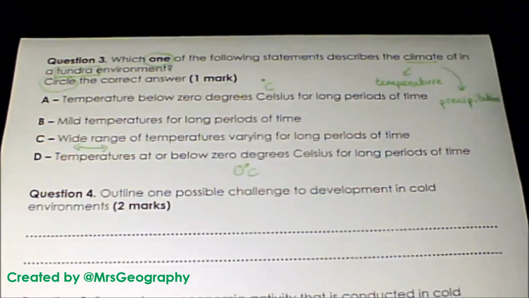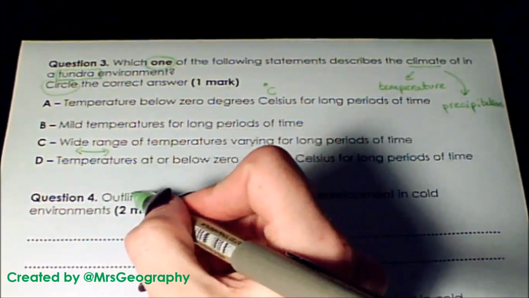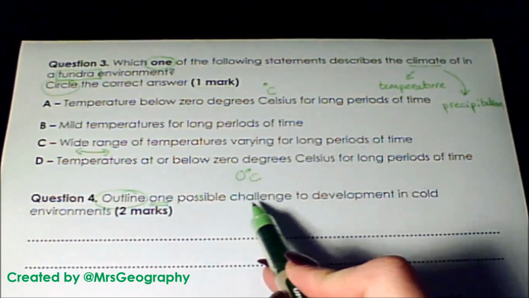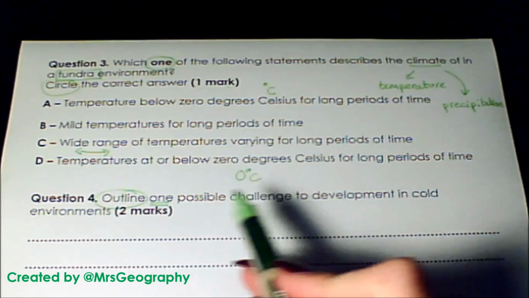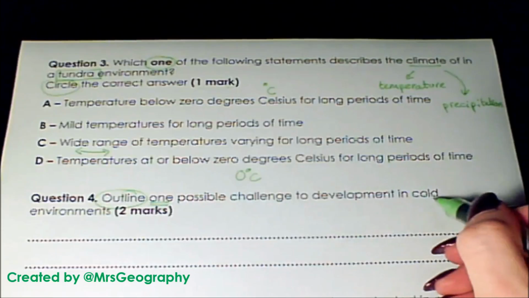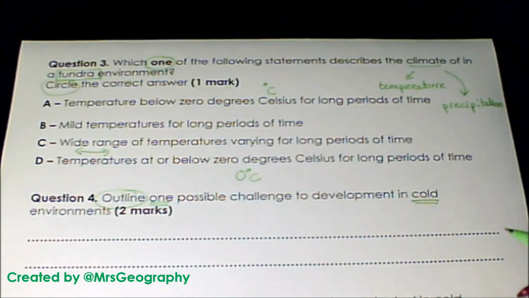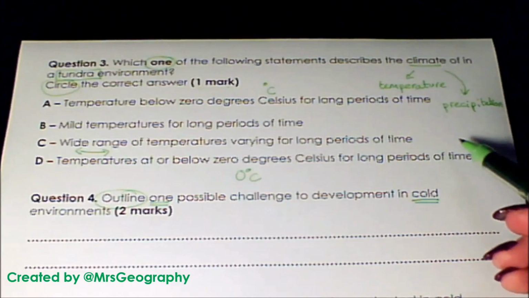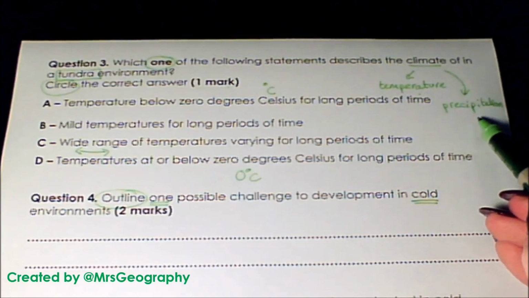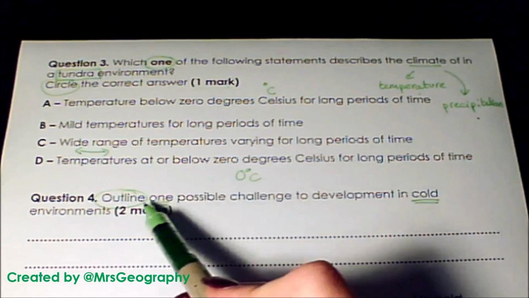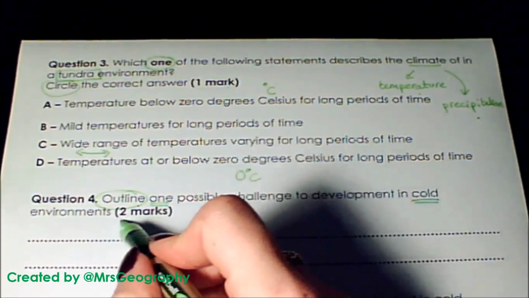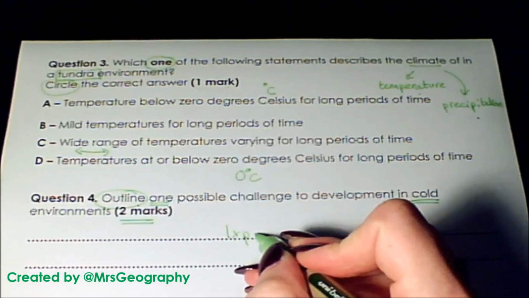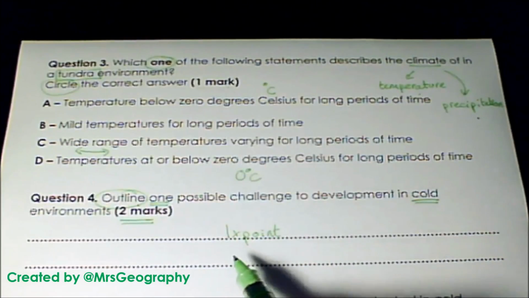Okay, question 4. So this question is asking us to outline 1 possible challenge to development in cold environments. So we're thinking about cold environments, so think about the previous question, think about temperature, think about precipitation. Now, because we're outlining and it's worth 2 marks, this time we need to give 1 point to get the first mark.